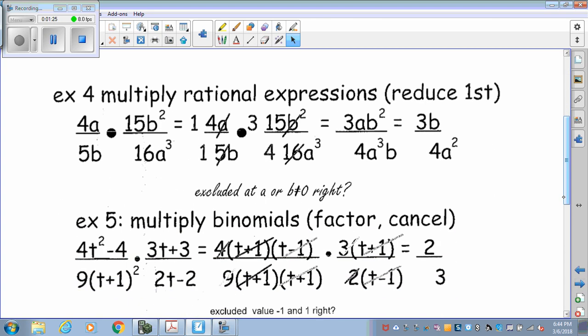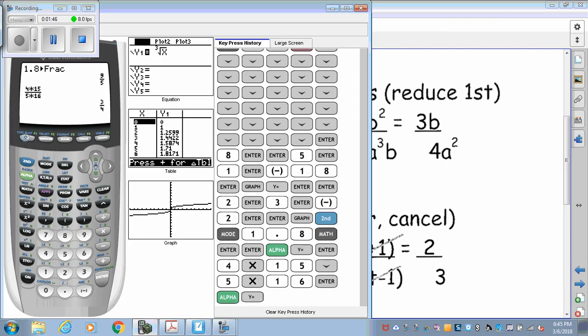So here's our example. We're multiplying rational expressions, so I'm going to reduce first. I'm just going to look at the numbers first. So I've got 4 and 15 on the top and 5 times 16 on the bottom. So I'm going to go alpha y equals, and actually I'll just do it here.